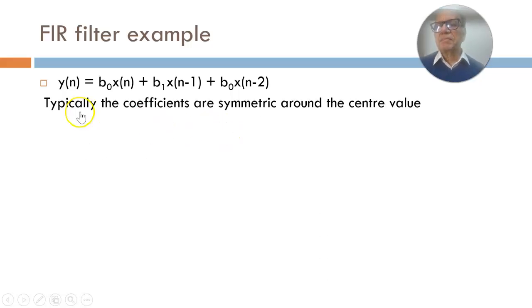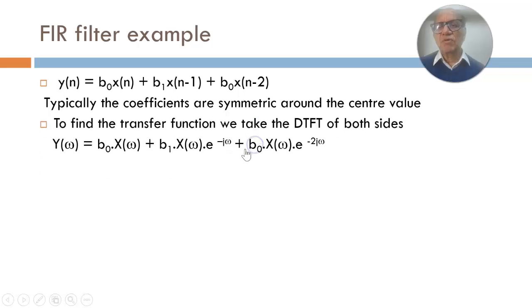As we said, typically the coefficients are symmetric around the center value. Now to find the transfer function, we take the discrete time Fourier transform of both sides. So Y omega. Usually this is written as Y of e raised to j omega, but for simplicity I have just written Y omega. It does not matter.